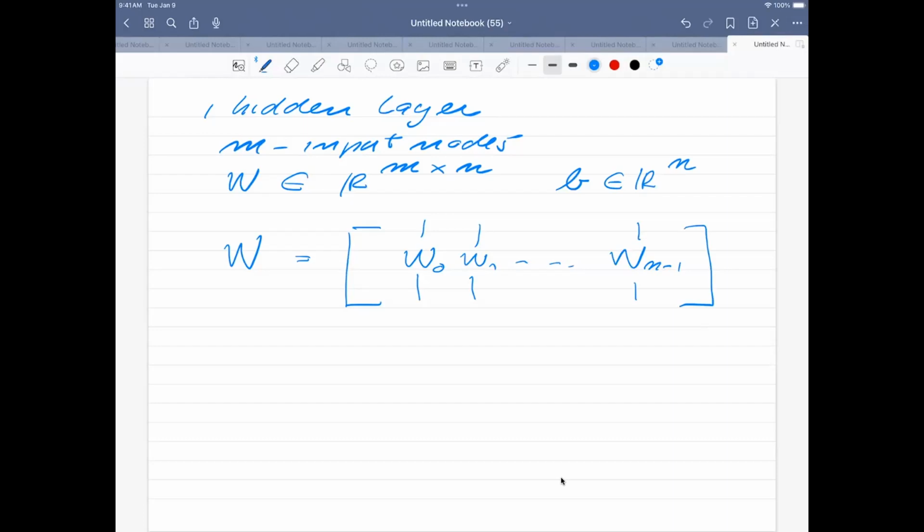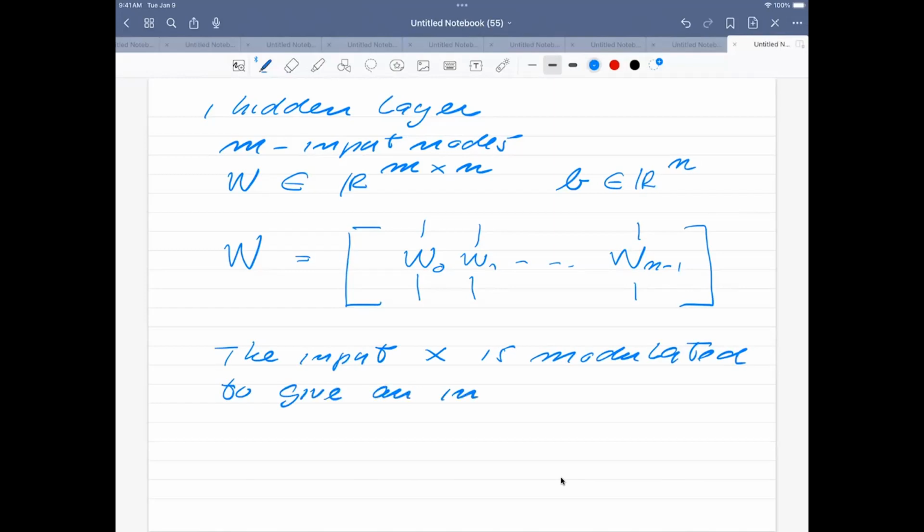Then the input x is then modulated to give an input to the various nodes.